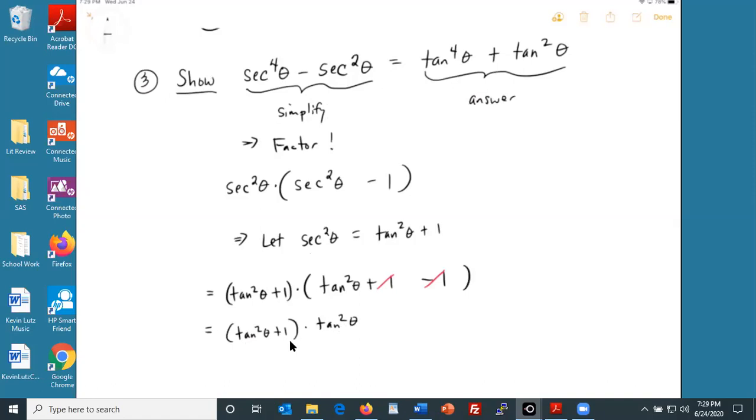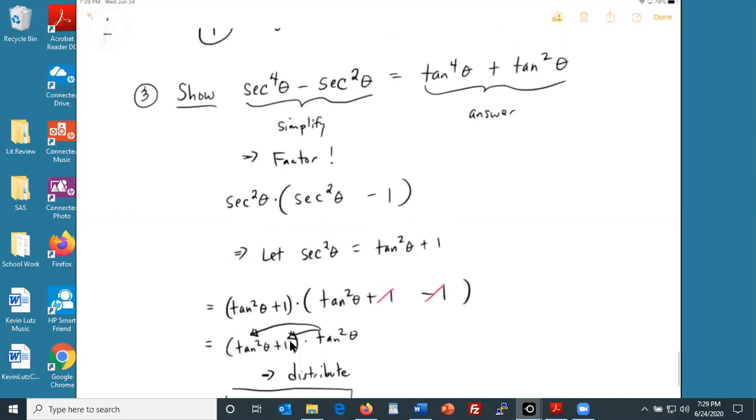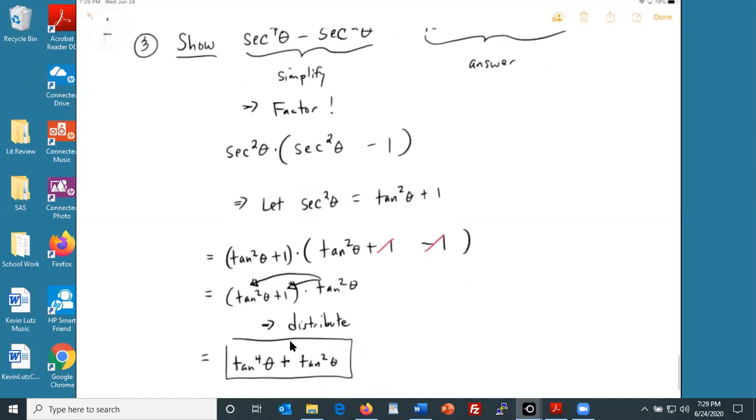So now distribute tangent squared from the right side. So we get tangent squared times tangent squared is tangent to the fourth. Tangent squared times 1 is plus tangent squared. What we wish to show, right? Same thing.